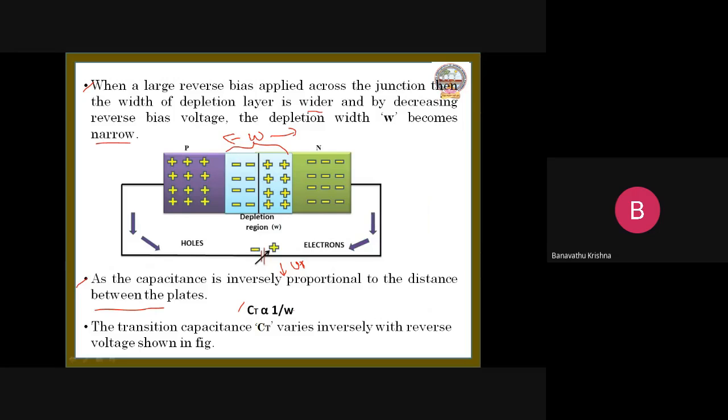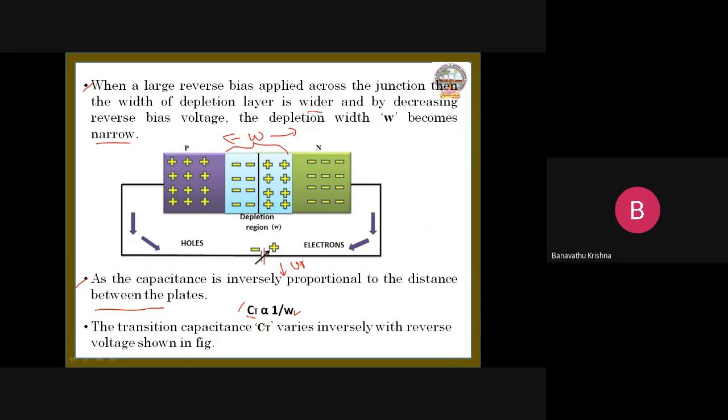Suppose by increasing the reverse bias voltage, the width of the depletion region increases, then the transition capacitance decreases. If the applied reverse voltage is decreasing, then the width of the depletion region decreases, and the transition capacitance increases. So that's why the transition capacitance is inversely proportional to the width of the depletion layer.